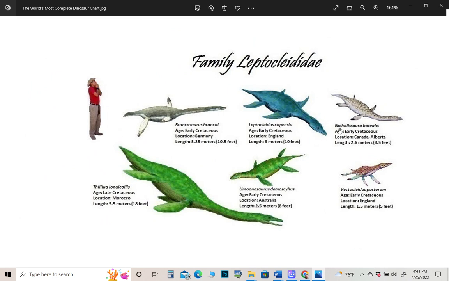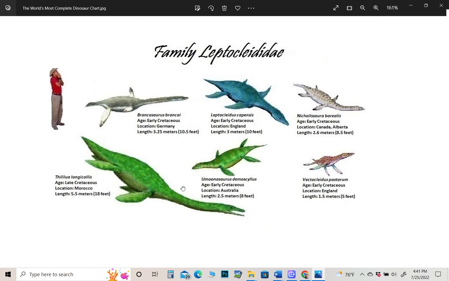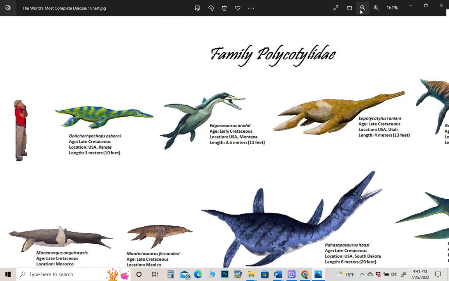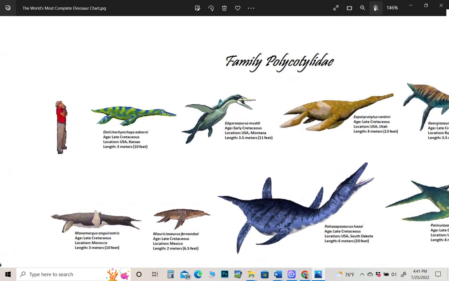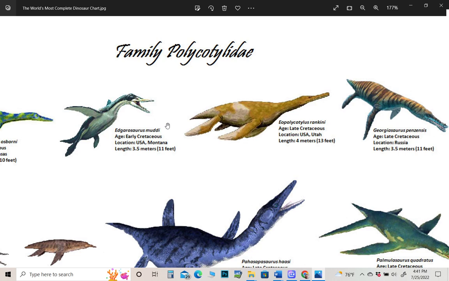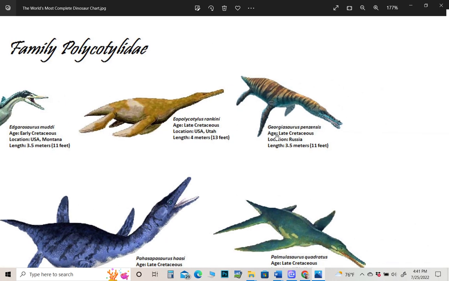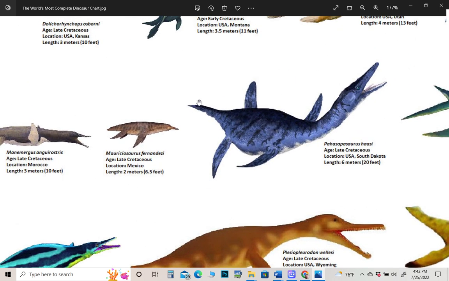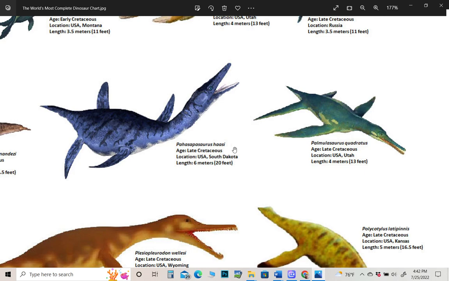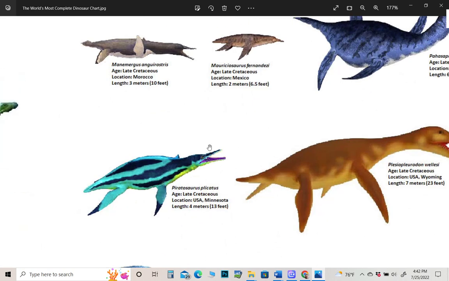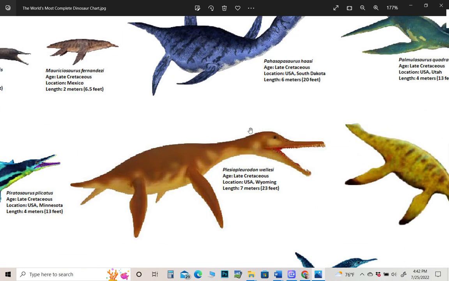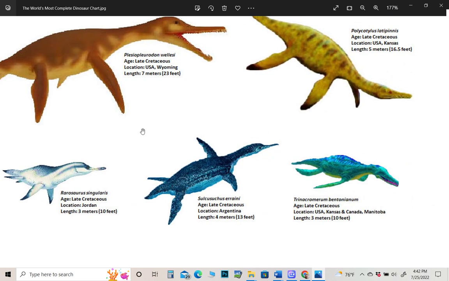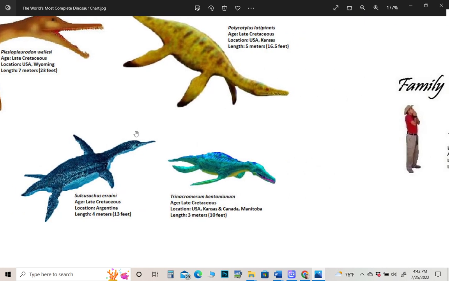Bronchosaurus, Leptocleidos, Nicolsaura, Thilulia, Umunosaurus, Vectocleidos, and the polycotylids, Dolichorhynchops, Aguerosaurus, Eopolycotylus, Georgiosaurus, Manamurgus, Maurisiosaurus, Pahasapasaurus, Pulmulosaurus, Paratosaurus, Plesiopleurodon, Polycotylus, Procotylus, Rarosaurus, Silcosuchus, Trinacromerum.